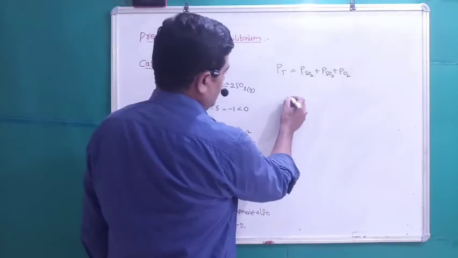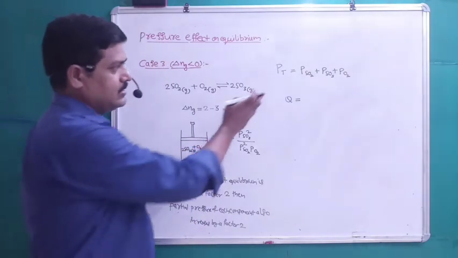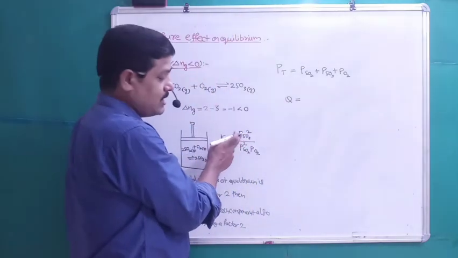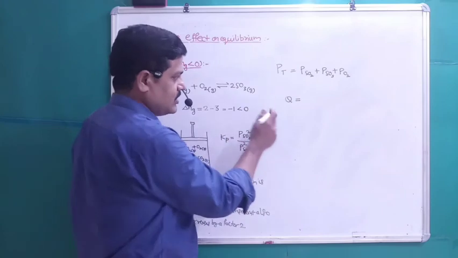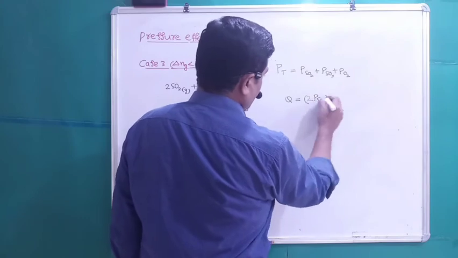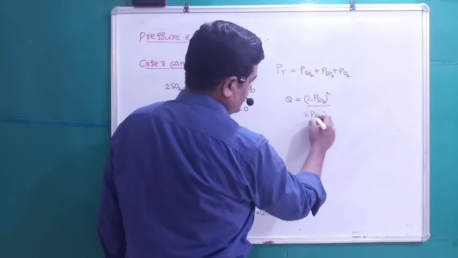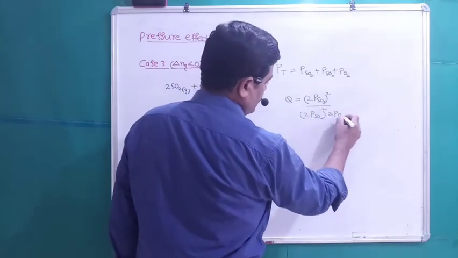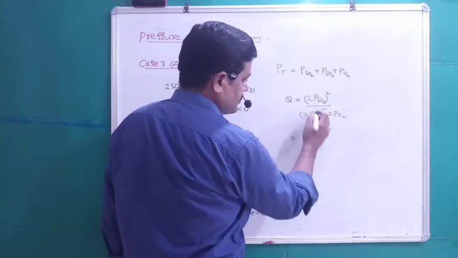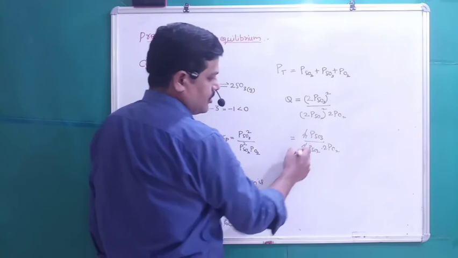When the equilibrium system is disturbed, the Kp expression will give us the reaction quotient Q. So Q is equal to, when the pressure is increased by a factor 2, the partial pressure of SO3 also increases by a factor 2: (2pSO3) whole squared divided by (2pSO2) whole squared into 2pO2. 2 squared is 4, pSO3 squared, 4 pSO2 squared into 2pO2. 4 gets cancelled.